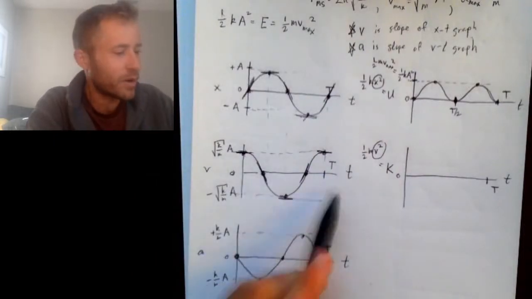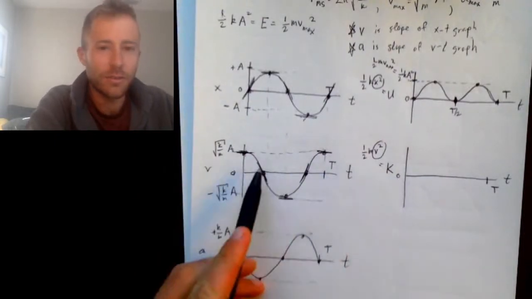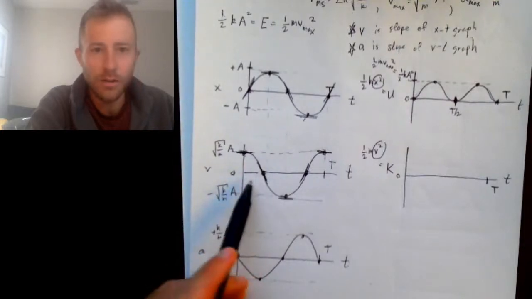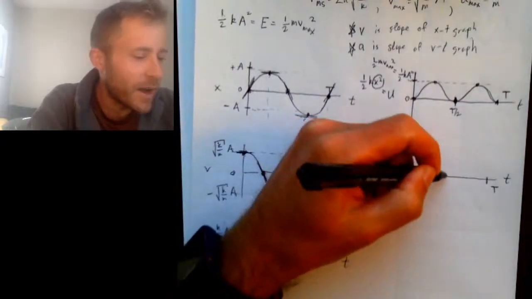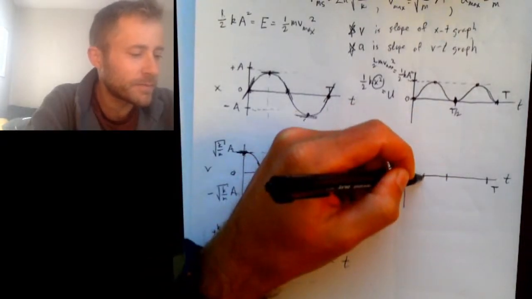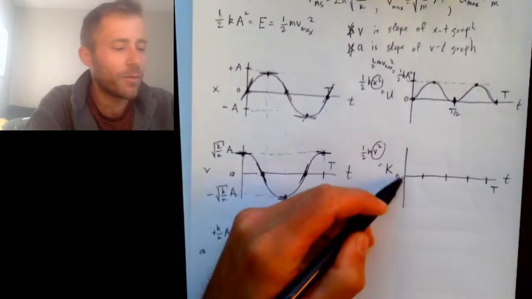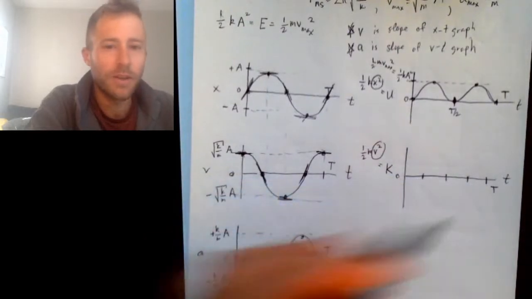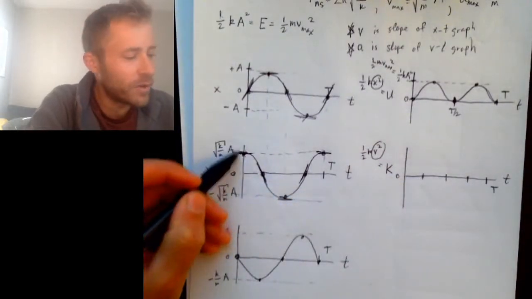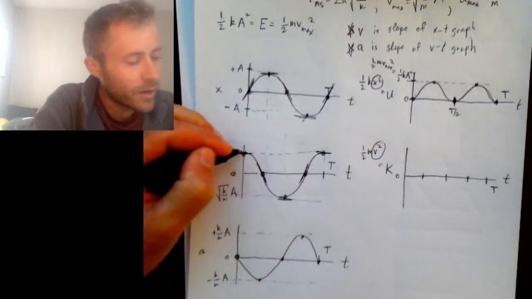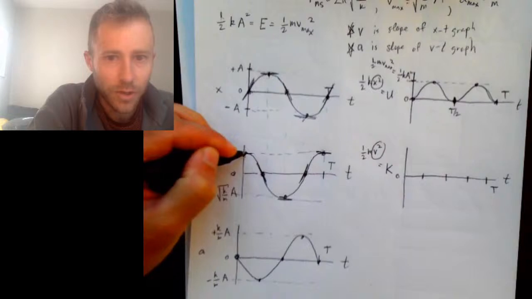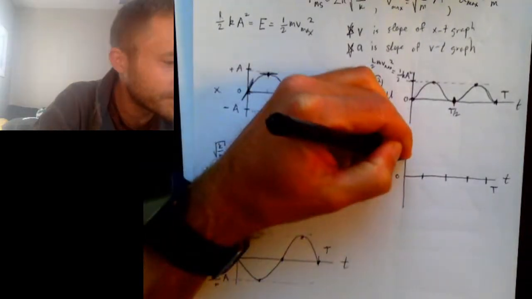That's why I'm drawing the kinetic energy next to the velocity, because I know I'm going to square this graph. So I'm going to take my same 5 points, 1, 2, 3, 4, 5, and I'm going to square these velocity values and look at the sign. So here I have a positive velocity, so when I square it, it is still positive.